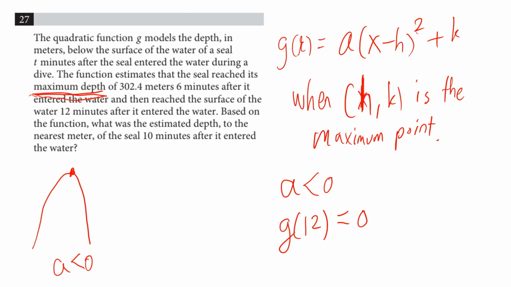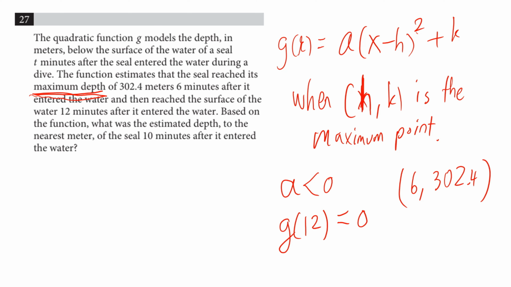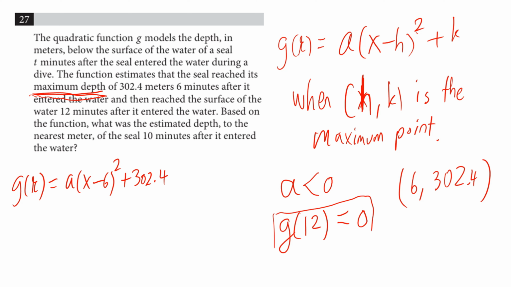So, based on this given information, what can we fill in the gaps? Now, they already gave us the maximum point of 6. After 6 minutes, it's going to be 302.4 meters. So we can just plug in the value 6 into h and 302.4 into k. Now, we have to find the value of a. How would you do that? We use the second clue they've given us, where g of 12 equals 0.